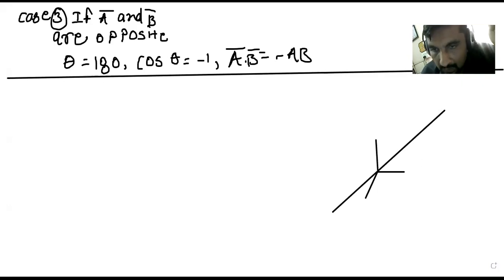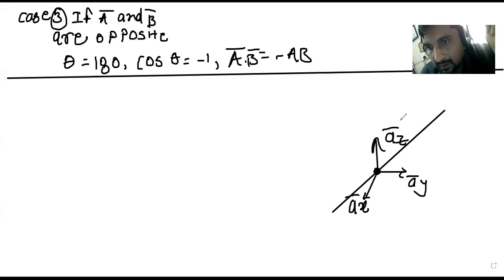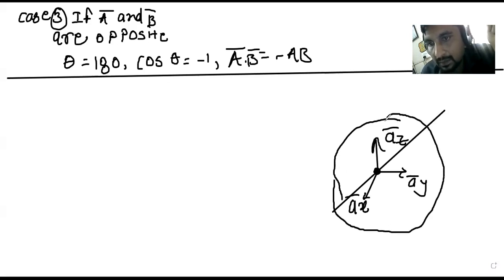These unit vectors represent any vector at any point. So when I say this is the vector and I'm talking about this point, at this point it will have this much A bar x value, this is A bar y, and this is A bar z. So these all combinedly will give you the direction of that particular vector.